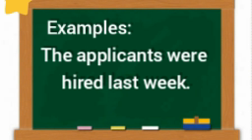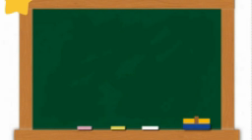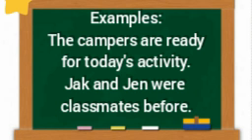The subject is with S. That's why we use were. And it simply means that the action word hired happened last week, in the past. Now, study the given examples.